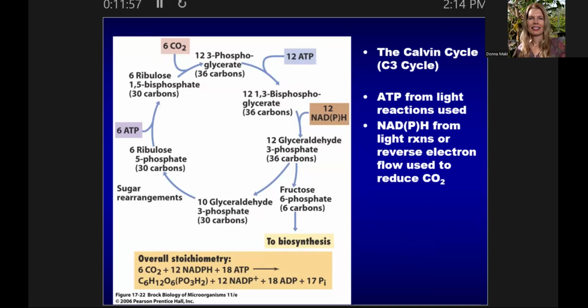And so with the Calvin cycle, what you see here is CO2 being brought in, and they run this cycle, and here where it says to biosynthesis, what they mean is this is where they create their sugars.